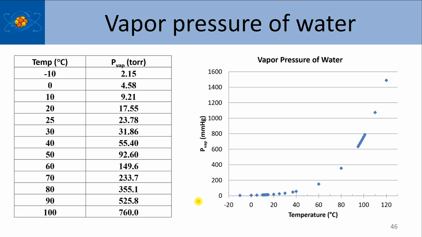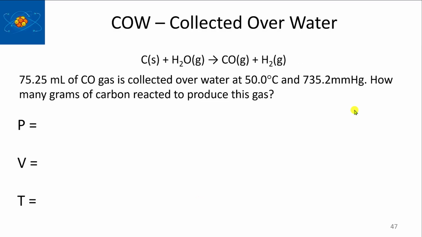So here's a problem where we apply the idea of Dalton's law of partial pressure and gas samples collected over water. This reaction is kind of an interesting one. It's a side reaction in the formation of methane, actually, from coal. What they do is they take coal and they heat it with high pressure water vapor at high temperature, and they can produce methane from that.